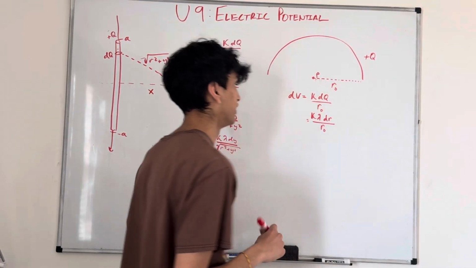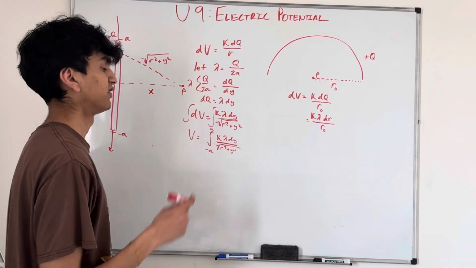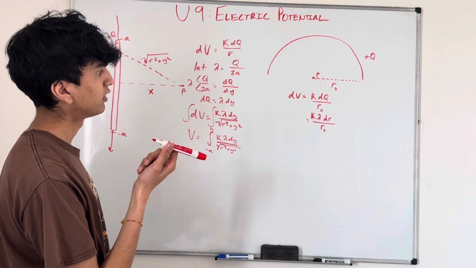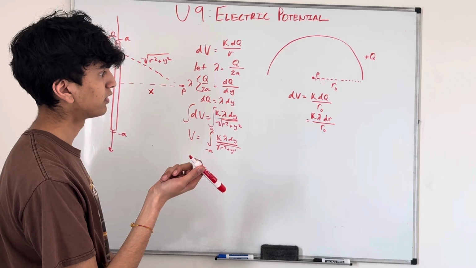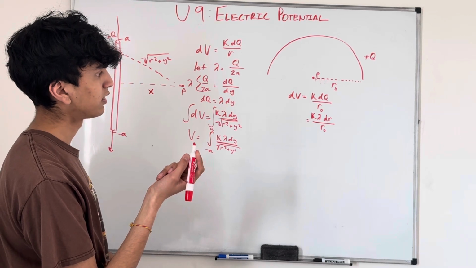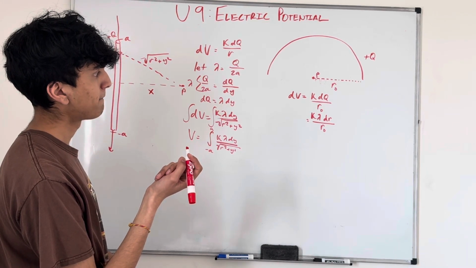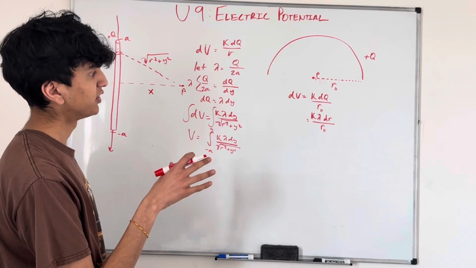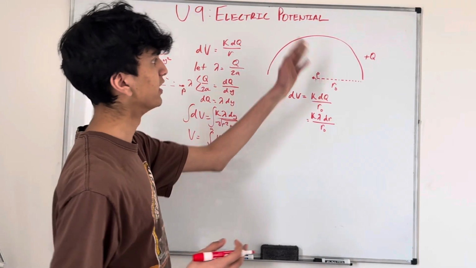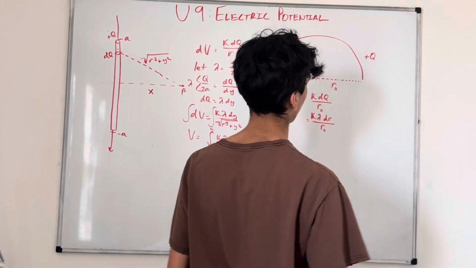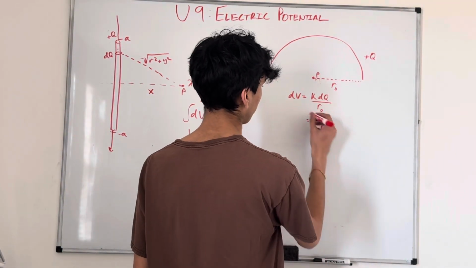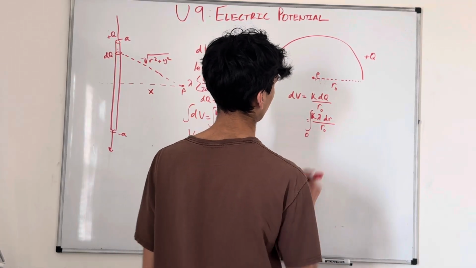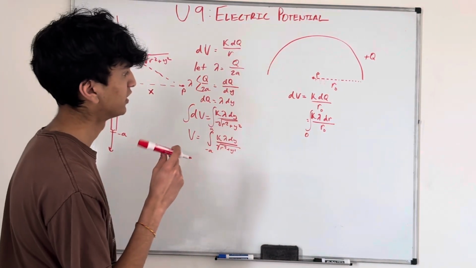As you integrate, it could be dr. You're not really integrating with theta, you're just integrating along this length. So then if you were to integrate this from 0, oh, but that won't work.